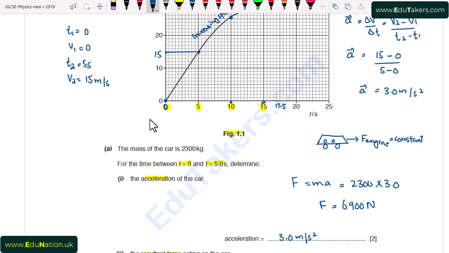As it moves, there is also a force due to the air resistance, and it is acting in the opposite direction. So there is also the air resistance force. And this force due to the air resistance is not constant. That's why acceleration is changing on the graph.